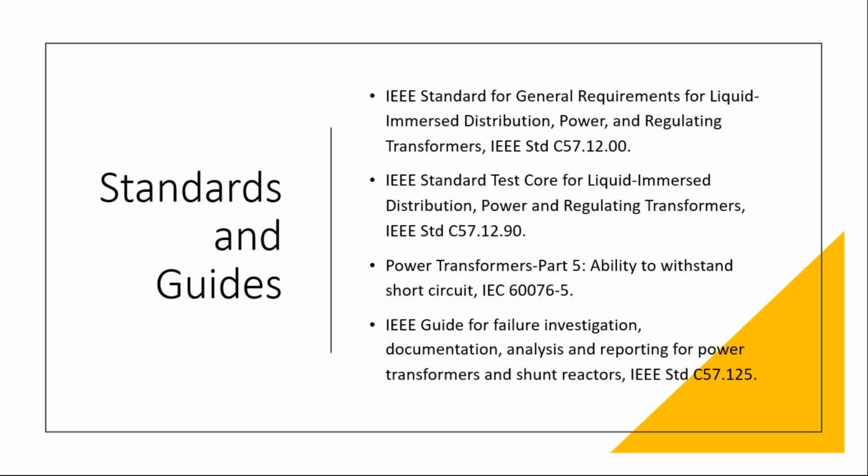The general standards which apply to transformers, say C57.12.00, give inputs on X by R ratio, which actually determines the impact during the short circuit event. And then we have a test standard, which covers the circuit connections and the passing criteria for the short circuit test when a transformer undergoes a short circuit test.